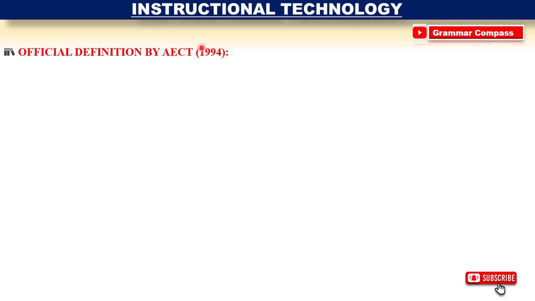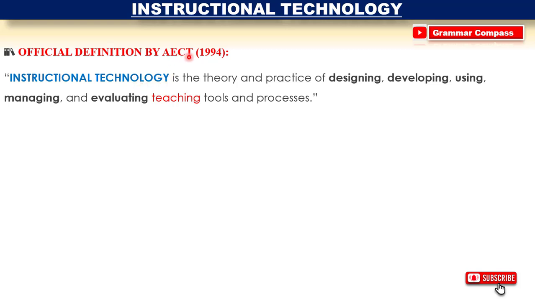How do they define instructional technology? According to the AECT, instructional technology is the theory and practice of designing, developing, using, managing, and evaluating teaching tools and processes. Let us break down their definition to understand instructional technology from their perspective.